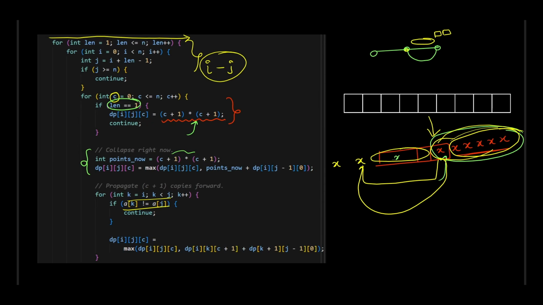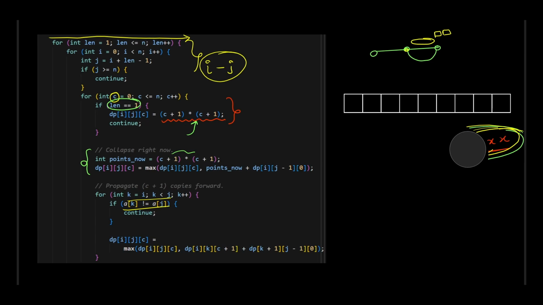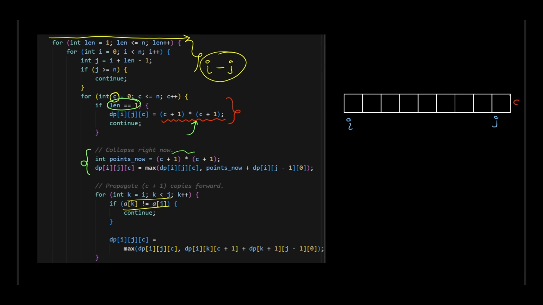So let me give you a bit more clear picture. Suppose this is I and this is J and you have received C copies of A of J from the outside world, and let's say that this is K. This is the position where X is available over here and X is also available over here.